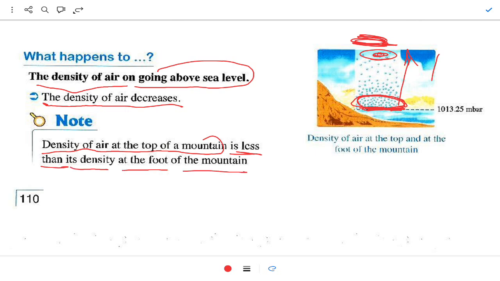The top of the mountain has air, its density is low, and in the foot, its density is high. The density of air is high, cold air.